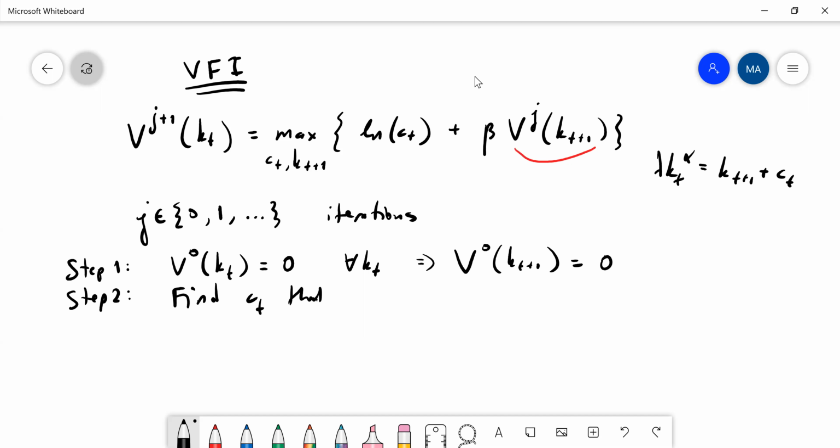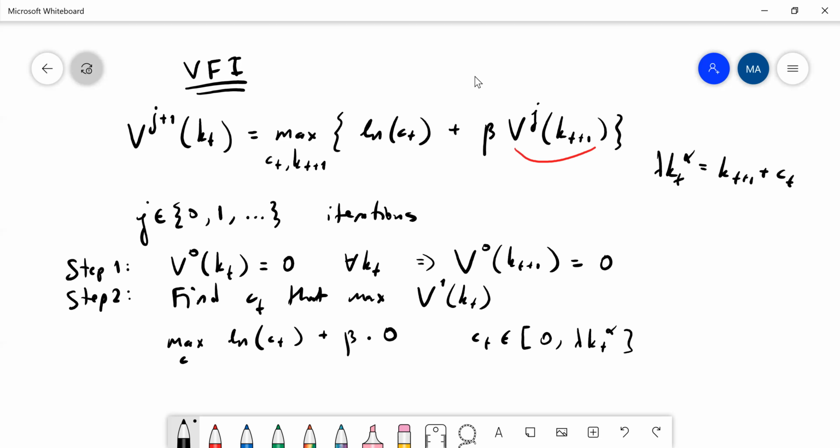I am maximizing by choosing c, ln c_t plus beta times 0, and I am choosing c_t from this compact set. So c_t is basically what? Lambda k_t^alpha.